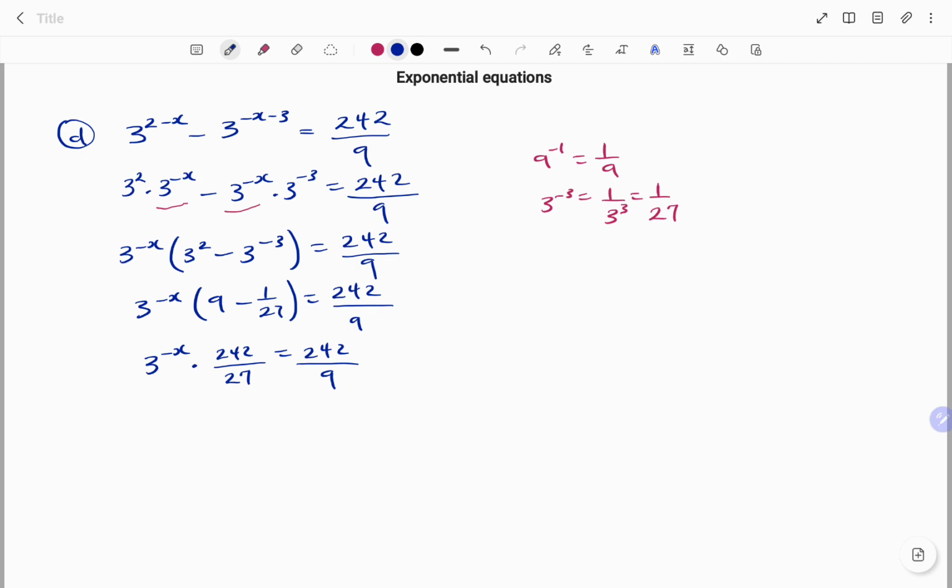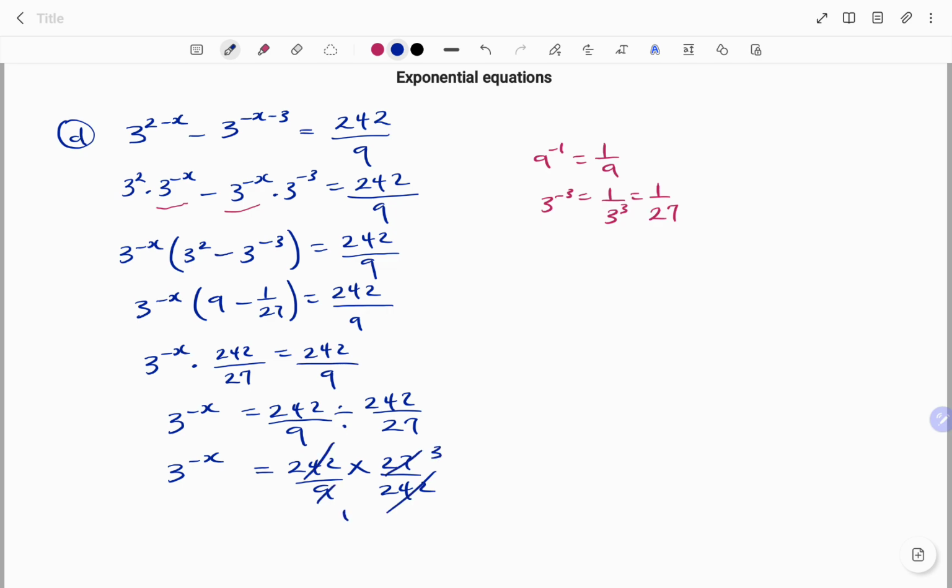If I divide both sides by 242 over 27, I'm left with 3 to the power of minus x equals 242 over 9 divided by 242 over 27, which is the same as 242 over 9, this flips, 27 over 242. Let's cancel: 9 here 1, 9 here 3. So that's going to give me 3 to the power of 1.